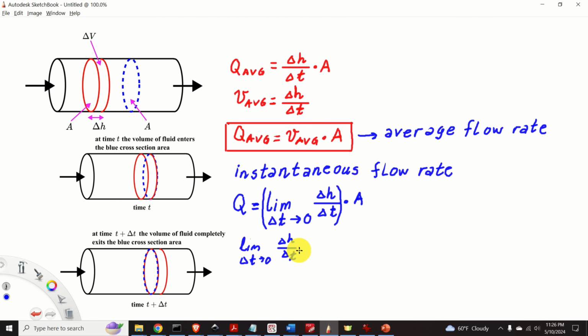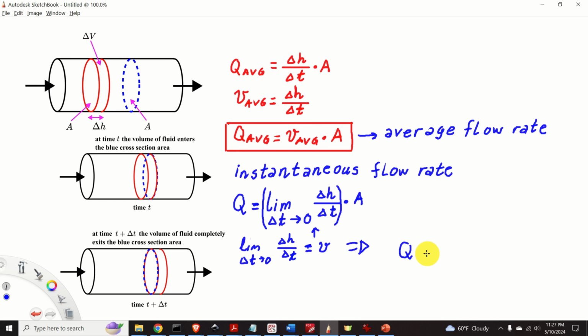Obviously, this is a velocity. Actually, this is the instantaneous velocity of the fluid volume that passes through this cross-section A. And we can say that this is V, where V is the instantaneous velocity. If we now substitute back V from this equation in this equation, we will finally obtain the expression for the instantaneous flow rate.